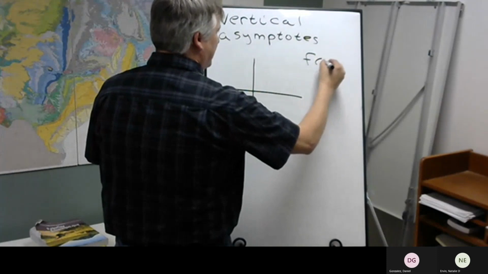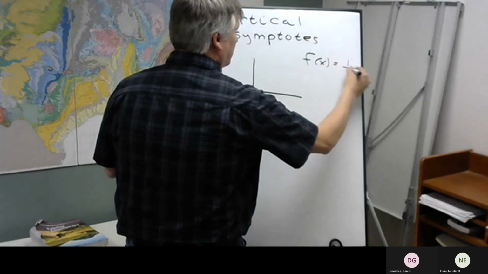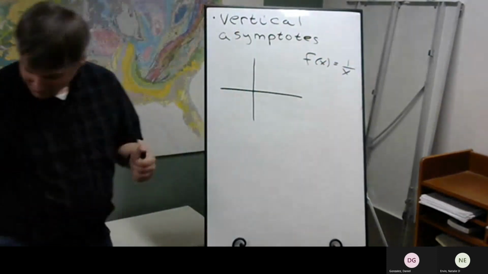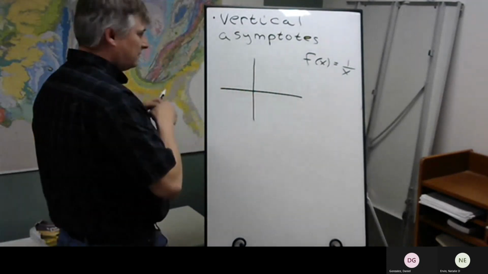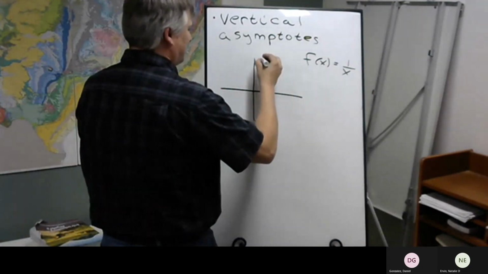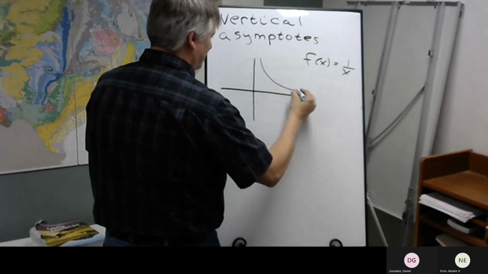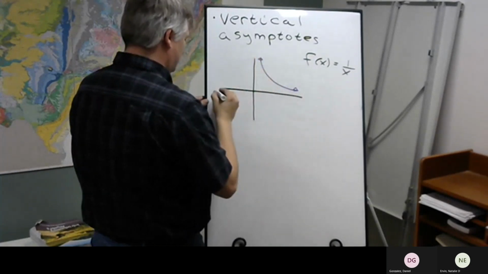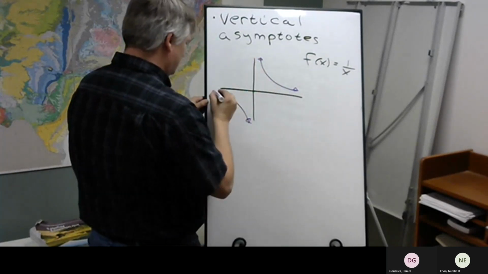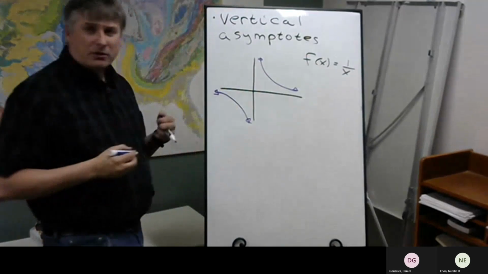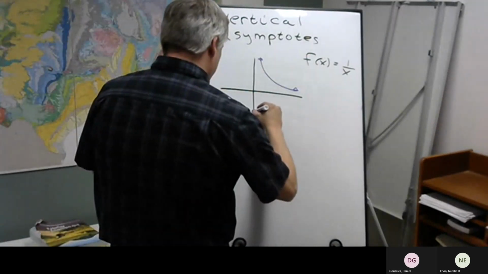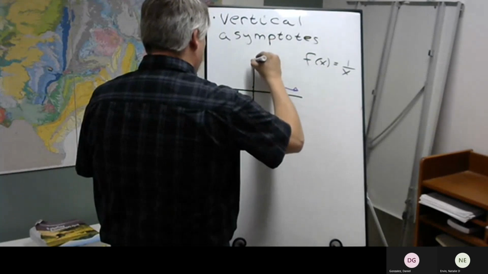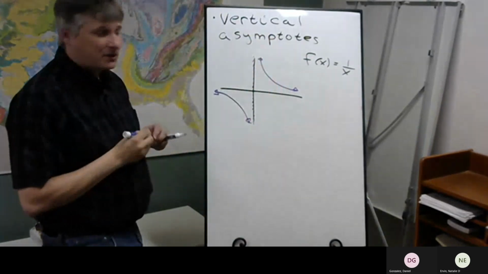Our function f of x is 1 over x. So let's see if this works. So here's our 1 over x. And we have a vertical asymptote at x equals 0.